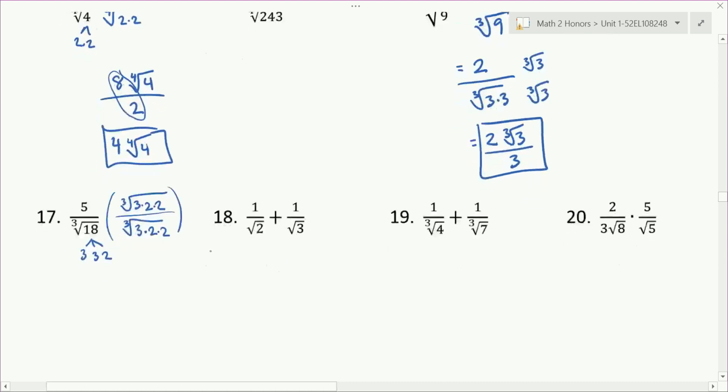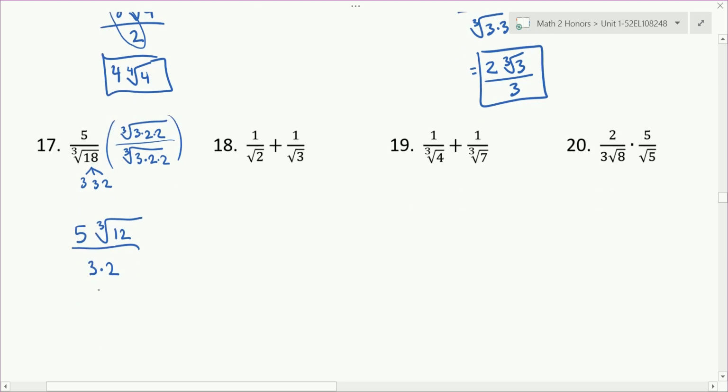And we end up with 5 times the cube root of 3 times 2 times 2, so that's 12, over, well, I got 3 3's, so take the cube root of that and you get 3. 3 2's, take the cube root of that and you get 2, which is 6. So 5 cube root of 12 all over 6.